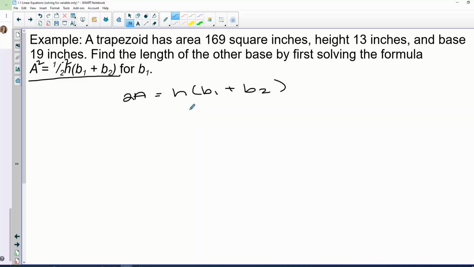Okay, so then what would we need to do? Divide, get rid of our h.